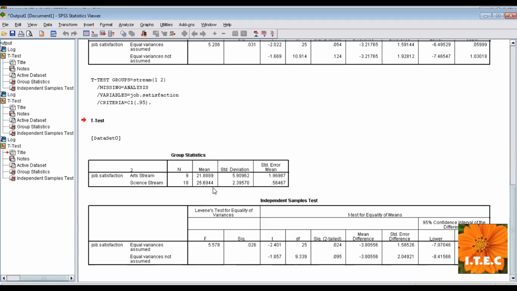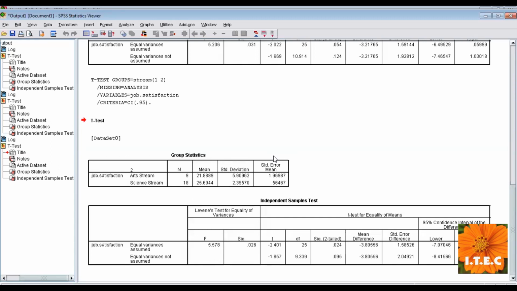Arts is 21.89 mean. Standard deviation is 5.91 and N is 9. Science is 25.69. Standard deviation is 2.39 and N is 18.